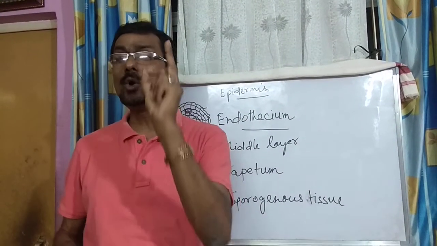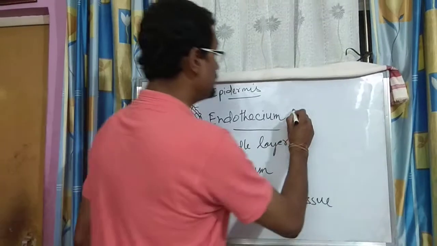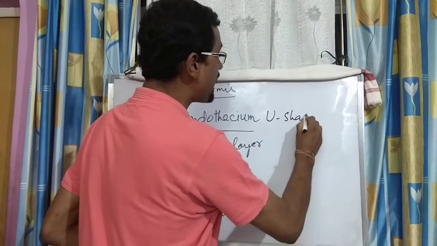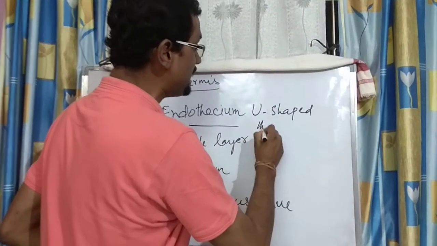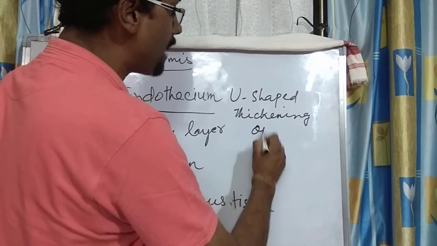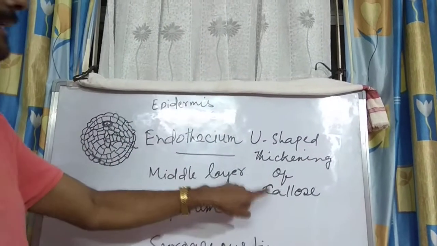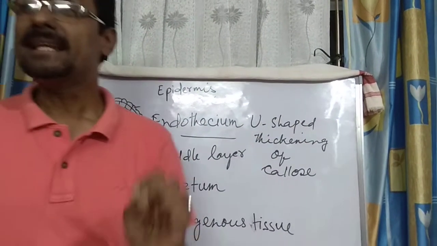Endothecium has U-shaped thickening of callose, which helps in dehiscence.